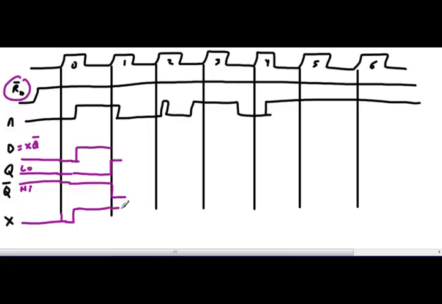When A goes low, it doesn't matter, it's still going to be high. Okay, but D is going to change. So D, when A goes low, but Q naught is low, so D is going to go low as soon as Q naught goes low. Okay, got that.